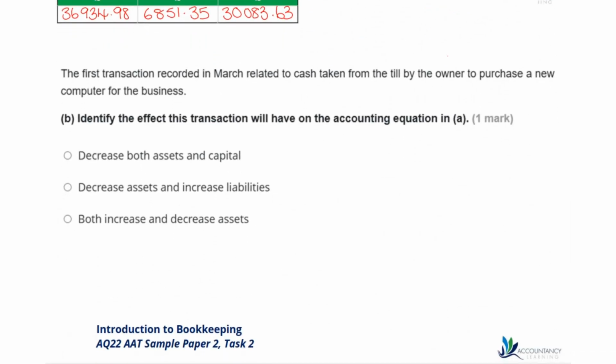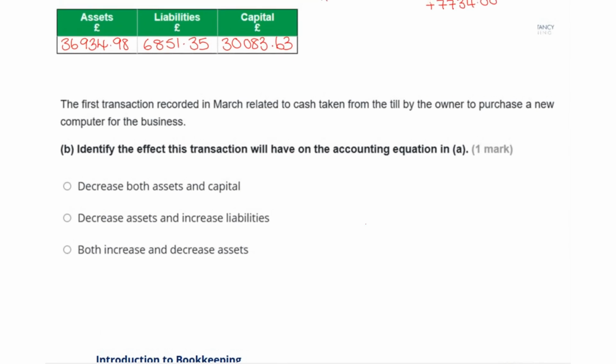The first transaction recorded in March related to cash taken from the till by the owner to purchase a new computer for the business. Identify the effect this transaction will have on the accounting equation in A. So we need to look at what's going to happen to assets, liabilities and capital in relation to the transaction that has happened. So first of all, it's cash taken from the till.